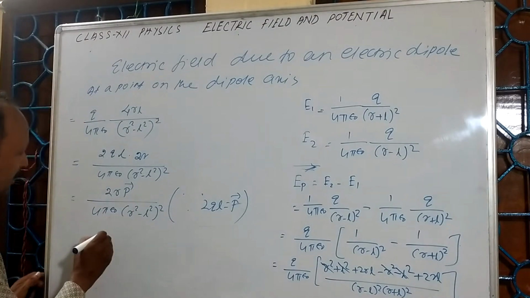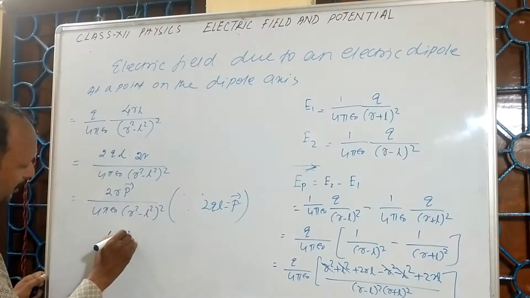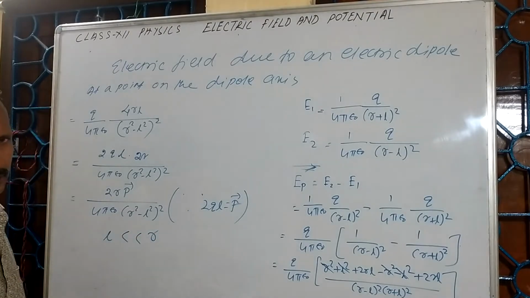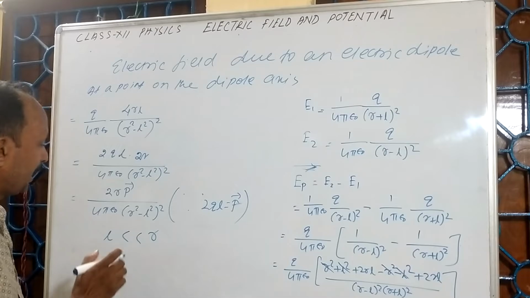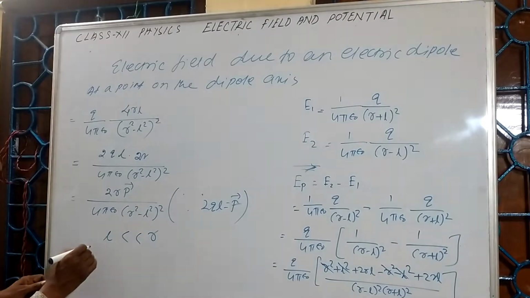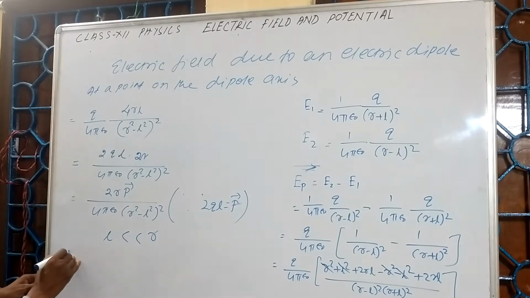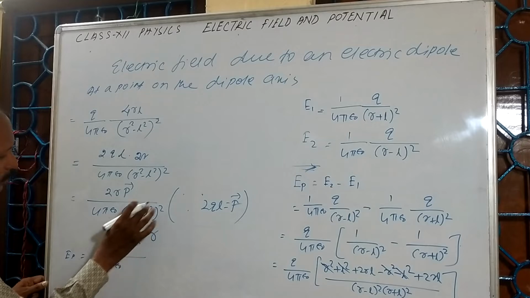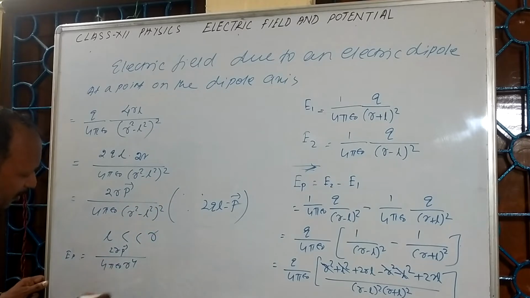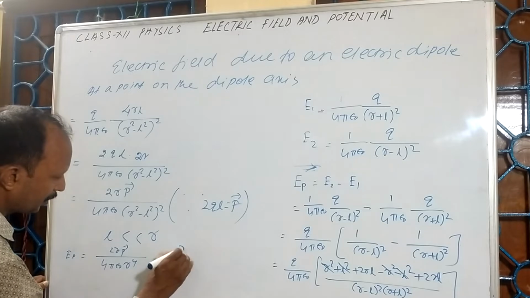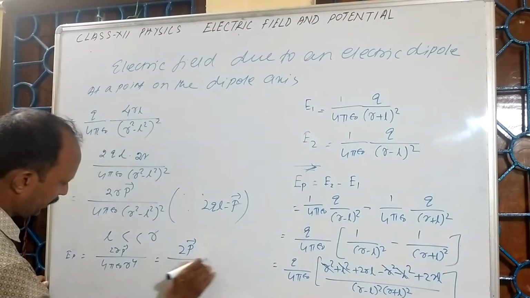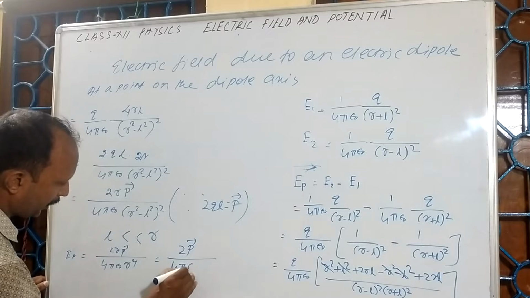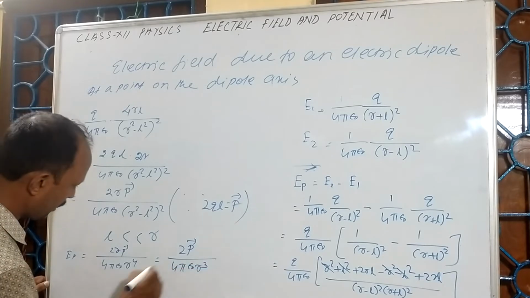That means I can say that L is very less than r, so I can neglect this L. If I neglect this L, then the electric field at the point P will be equal to 2rp divided by 4 pi epsilon naught, this r L square neglected, this is r to the power 4, or I can say that 2p divided by 4 pi epsilon naught r to the power 3.